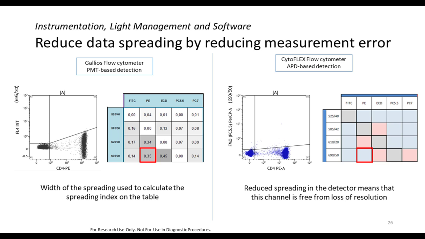And then on the right side of the slide here, we're looking at that same antibody fluorochrome combination, but this time detected on a different instrument design. Okay, so there's an APD-based detection, and there's also other controls in place that help to reduce the spreading.